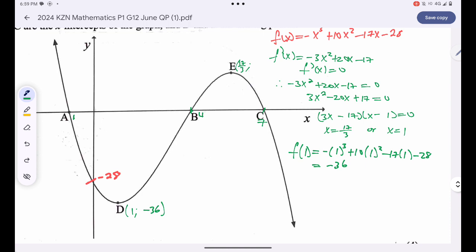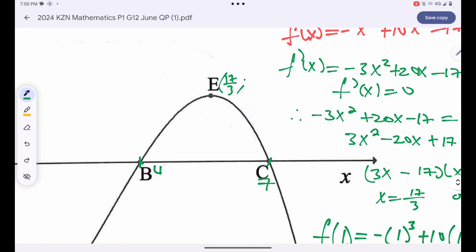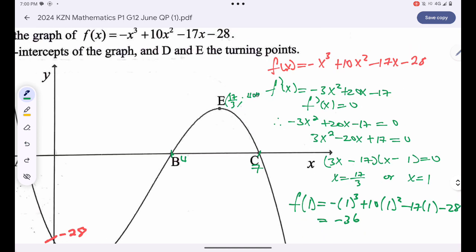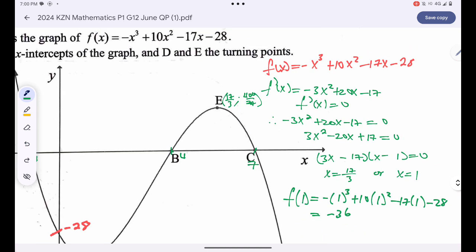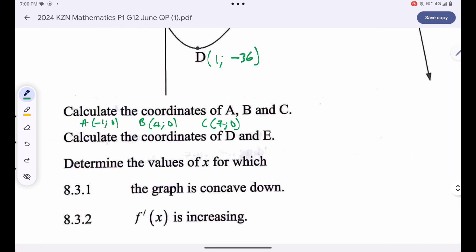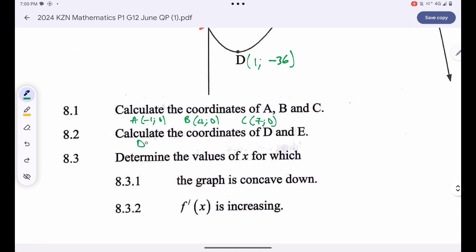Remember our x is 17/3. There's minus 28 as well. So our answer is just 400/27. The corresponding y value, 400/27. So whenever I'm writing there, the coordinates of D, I have (1, -36), and then E is (17/3, 400/27).